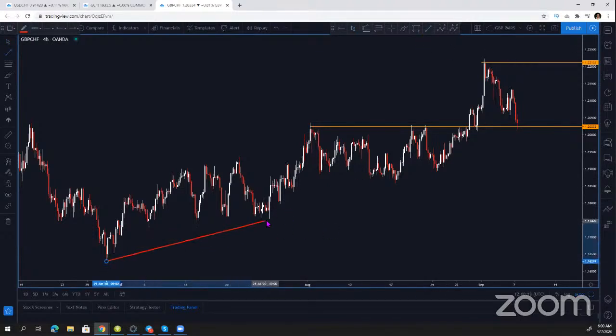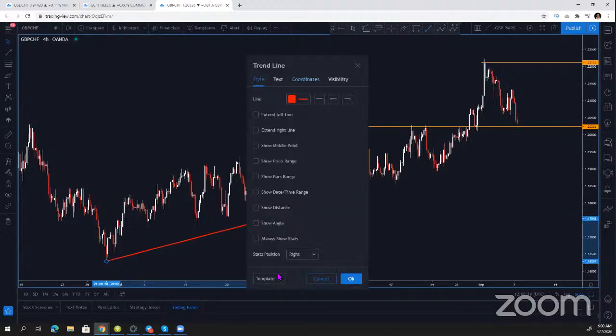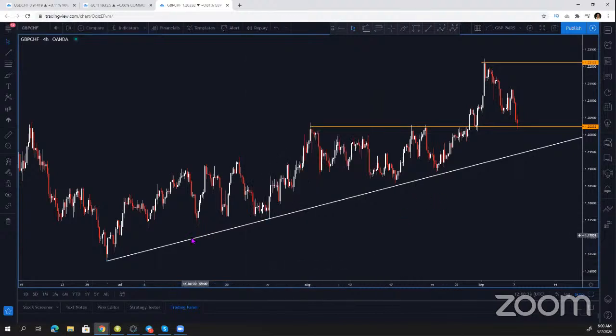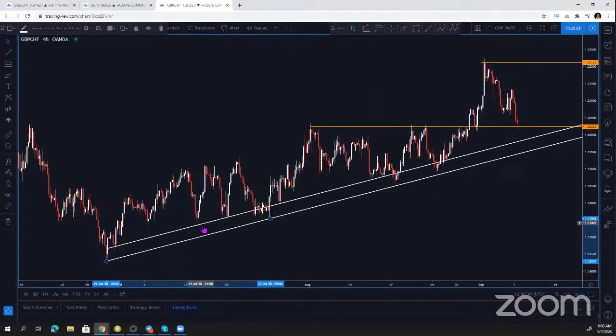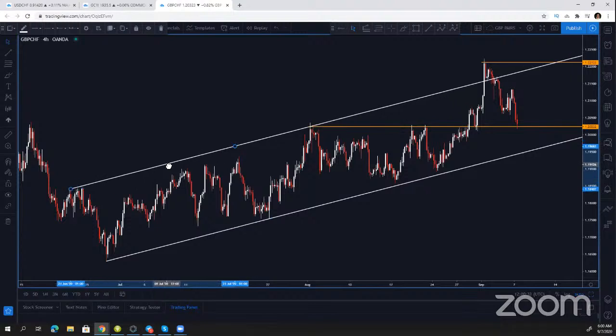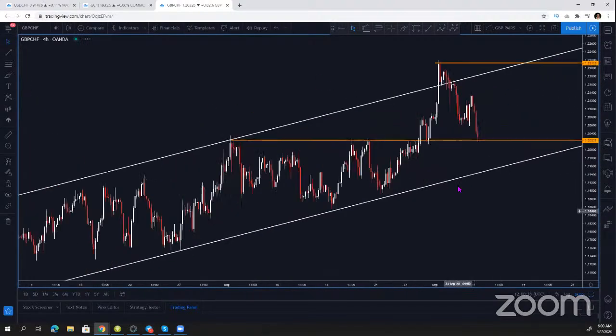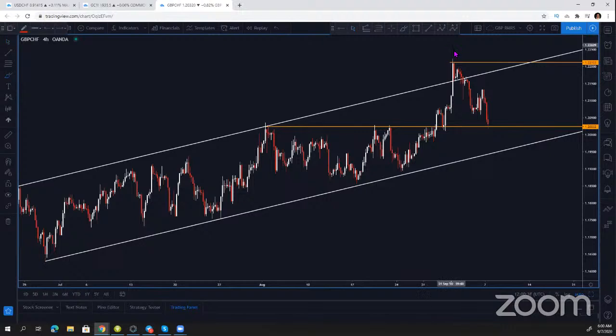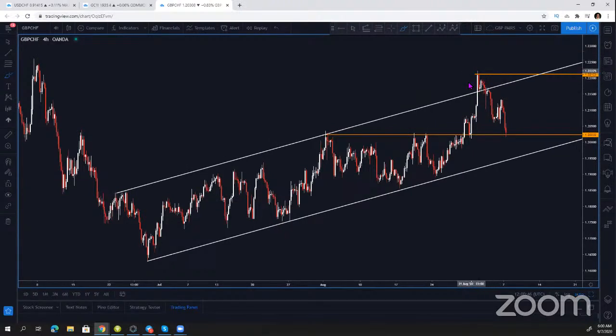Now, let's have a look at where we are right now. I'm going to use my structure. And this is quite the structure that we're trading in on the pound versus the Swiss franc. When you're trading structures, if you see this, this is absolutely fine. This doesn't mean that the structure is no longer valid. This is just an overextended move to the upside, and then we're back inside the structure.